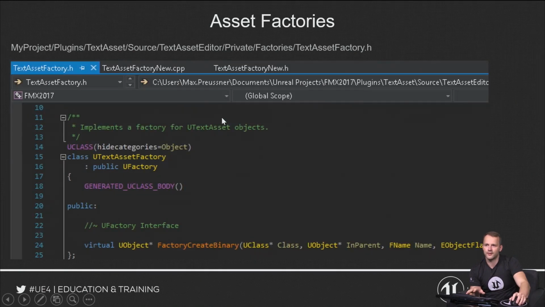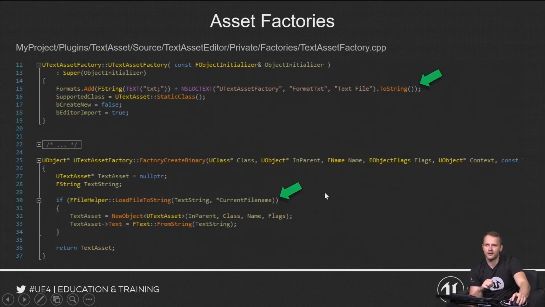Okay, and then the other factory that we have is the one for drag and drop. And the declaration for that one is even simpler. You see, in this case, we're only overriding a single method called factory create binary. And that will be called by the editor the moment we release a file into the content browser.